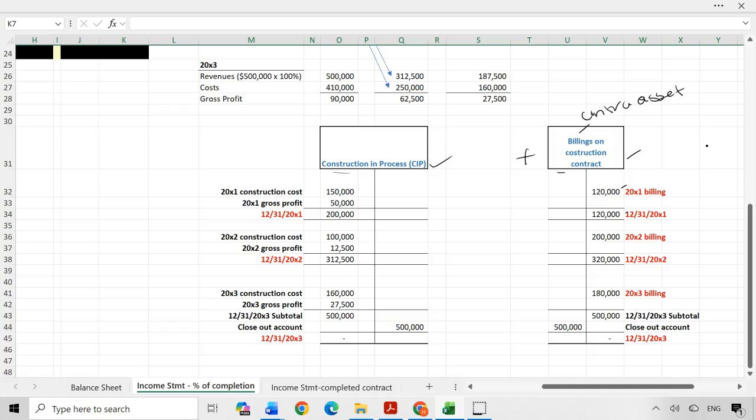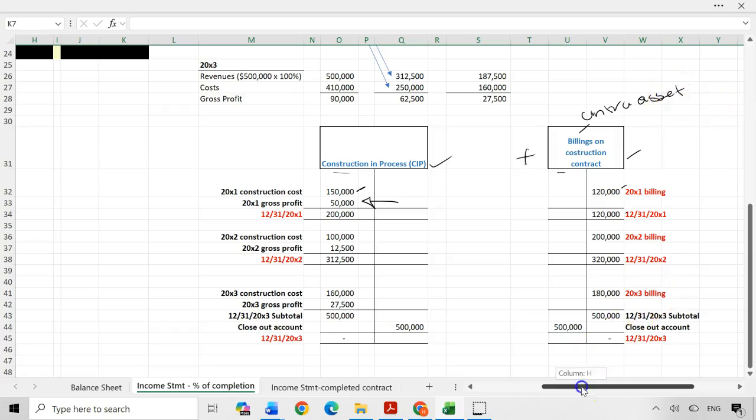So we saw from the first video that when we incur the cost of construction, we also record it to this account. So we would debit this construction in process account and credit cash, or whichever way we actually paid for those costs. And now in this video, we see this other debit, this 20X1 gross profit.